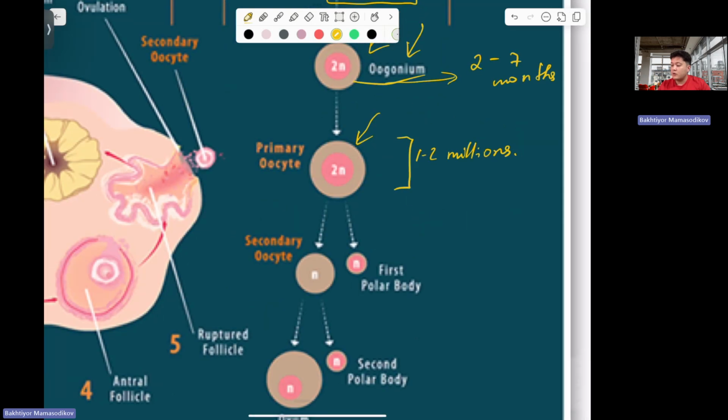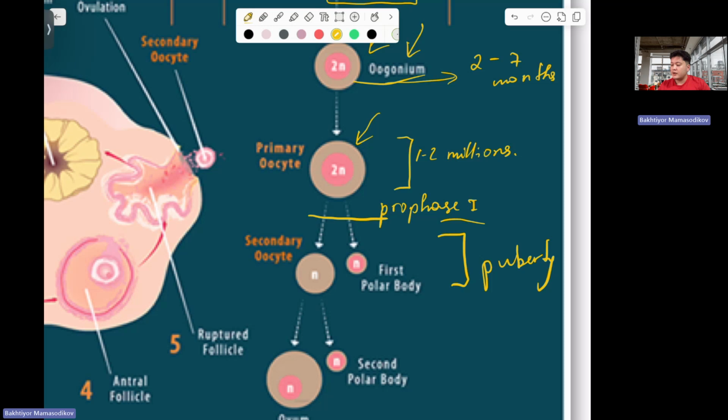But they are all arrested, all stuck in meiosis 1, which is the prophase 1. They are all stopped in the prophase 1 stage until puberty.